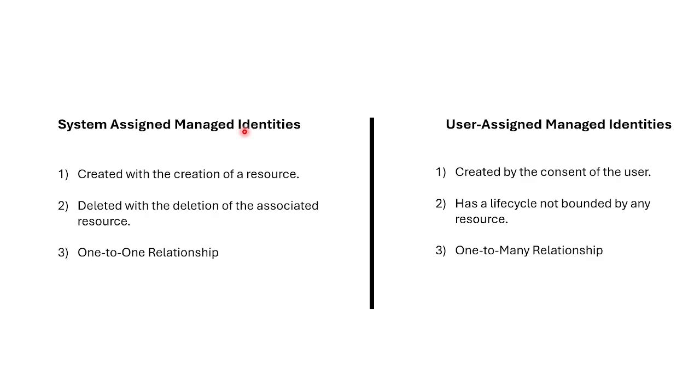And a system assigned managed identity has a one to one relationship, meaning one system assigned identity can be applied to only one resource. Whereas a user assigned identity has a one to many relationship, meaning one user assigned identity can be used on multiple resources.